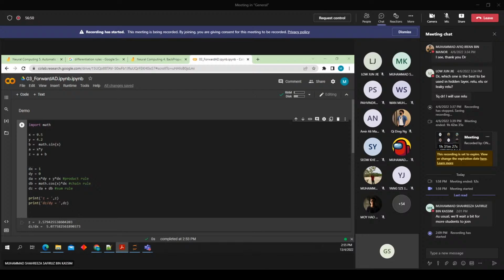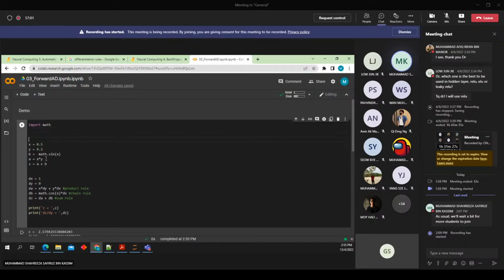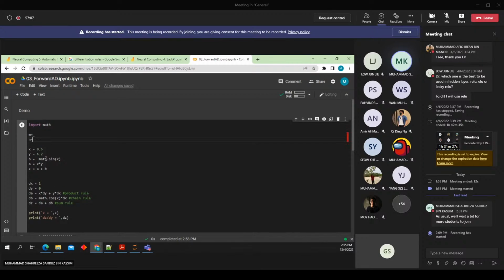Is that if you have a lot of variables, right? A lot of variables. For example, you have x, y. Maybe you have m equals something, n, and I'll just do numbers.